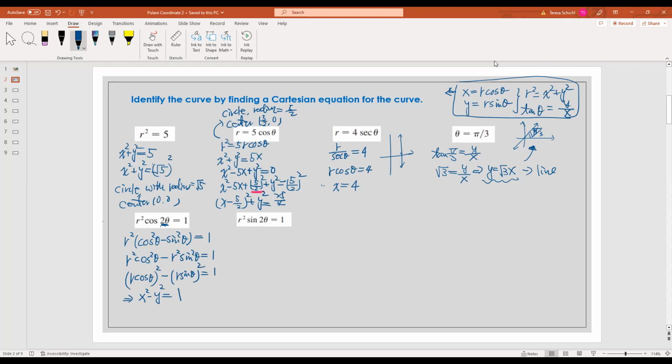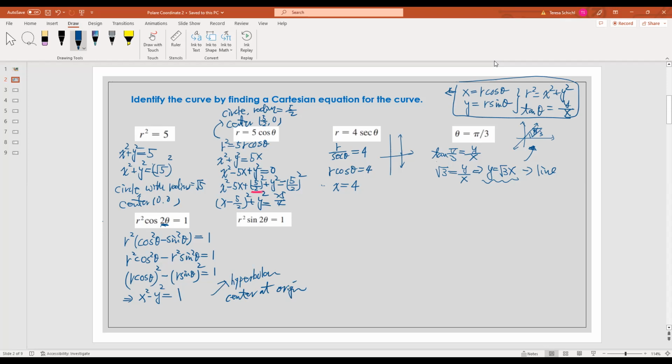Does this look familiar from our geometry? Oh yes, so this one is a hyperbola, right? And where is the center? Center at the origin, right? So this is a hyperbola.